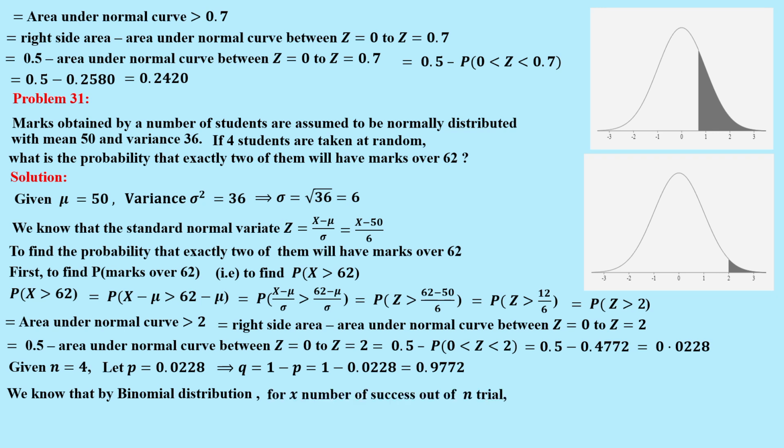So we take x as the number of successes out of n trials. So P of x is equal to nCx p power x q power n minus x. Here n is equal to 4, and we don't know the number of successes, that is why we put it as x: 4Cx times 0.0228 power x times 0.9772 power 4 minus x.